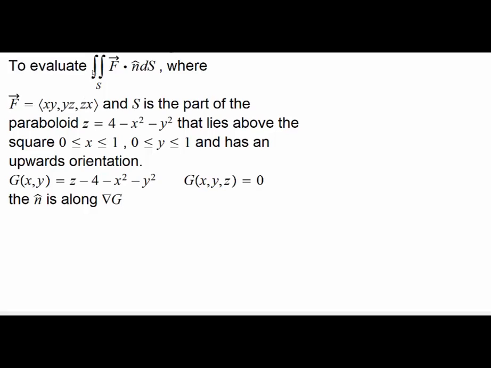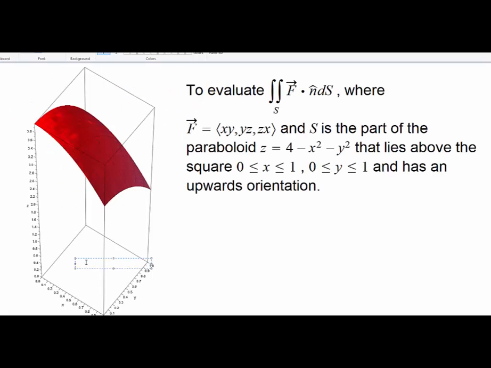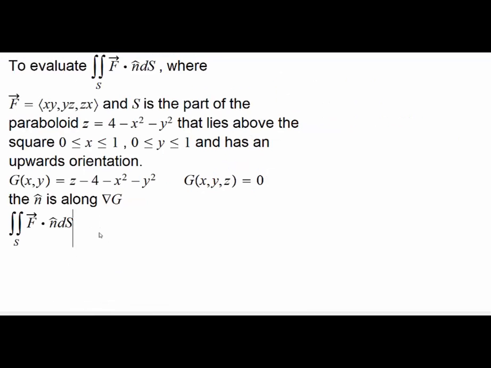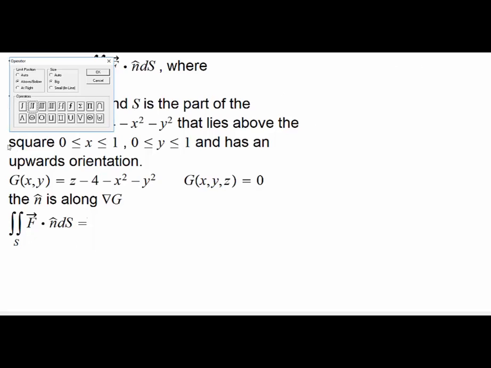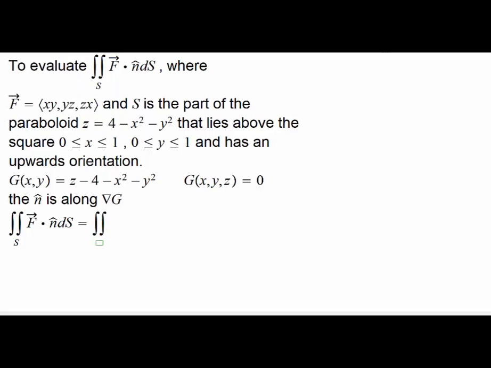So what we had in our lesson is that if the projection of this surface S in the xy plane is, say, R, and here R is this square region in the xy plane, then with the upward orientation of S, this surface integral will be the double integral over R of f dot the gradient of g, dA, where now we are in the xy plane.